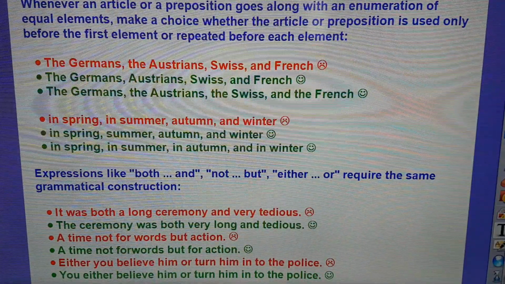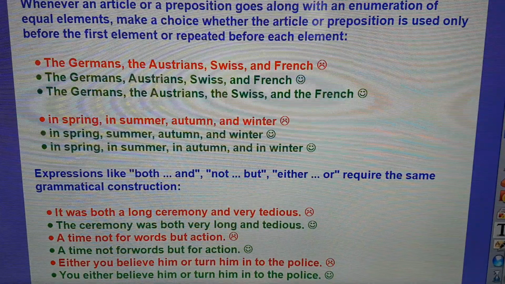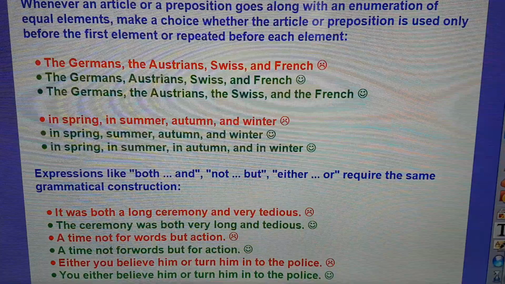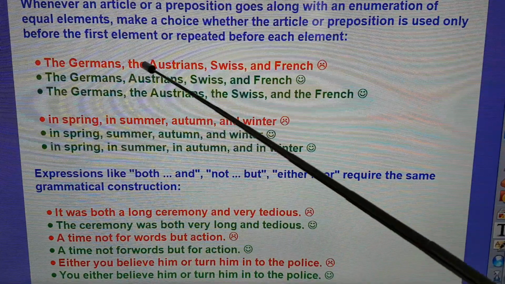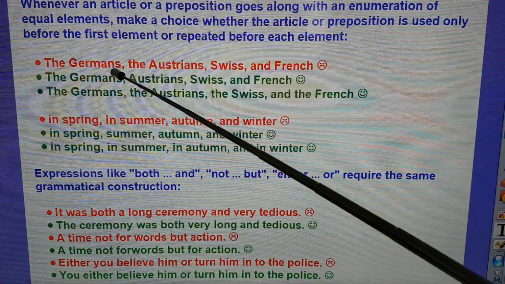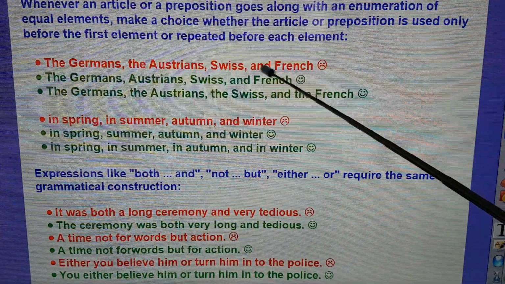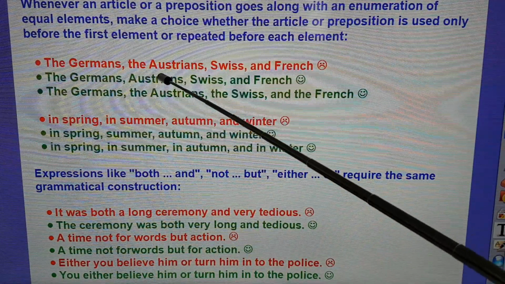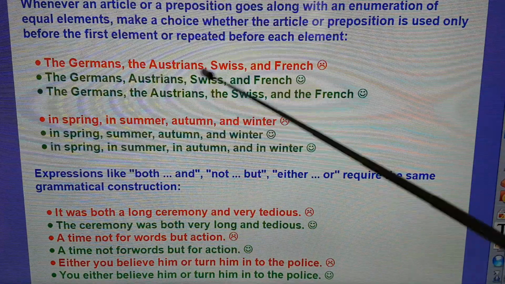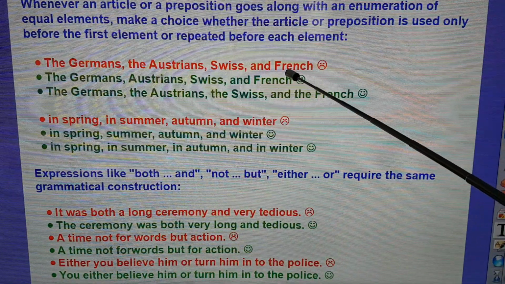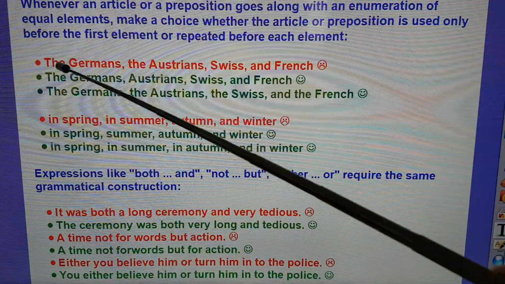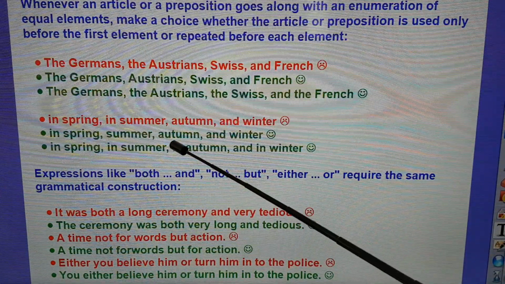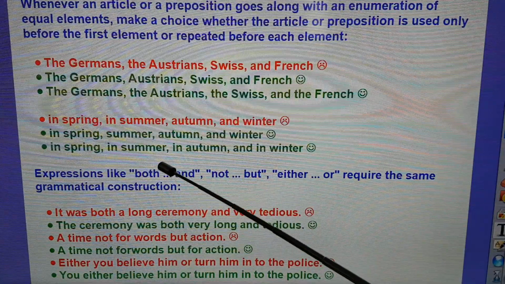All right, so again, we are here with parallel expressions. This is an enumeration. And look at this. The Germans, the Austrians, Swiss and French. No way.